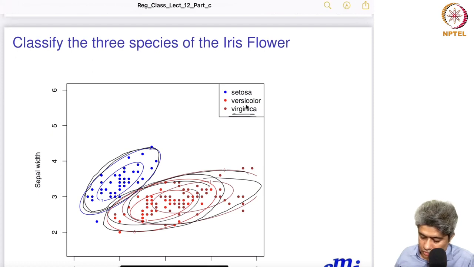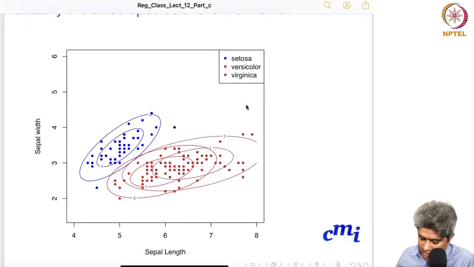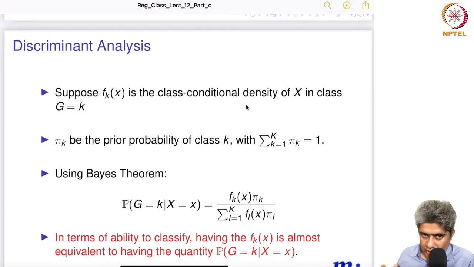So I can think of these distributions, and based on these distributions I can make an analysis. We call it discriminant analysis. Now suppose f_k(x) is the class conditional density of x in class G equal to k.